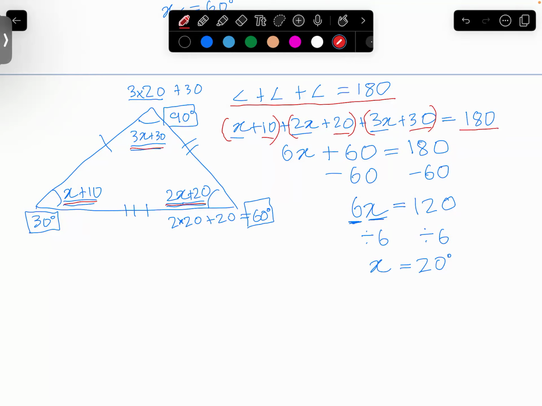So to solve this, we want to add like terms. So that's saying we add all x's and then we add all numbers. So we can see we added x plus 2x plus 3x. So I can put this in a way that'll make it easier to understand.